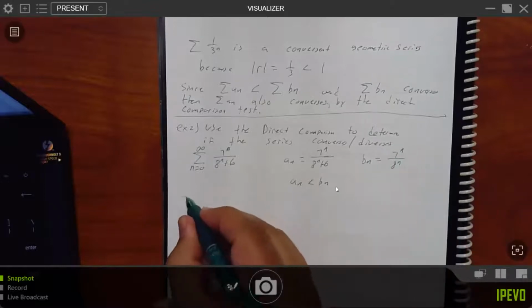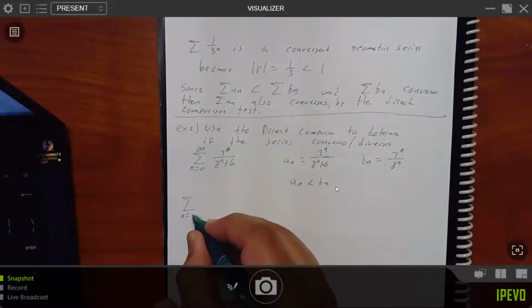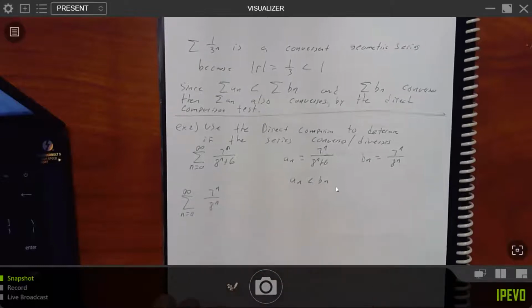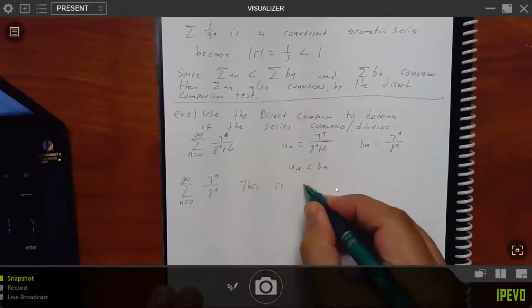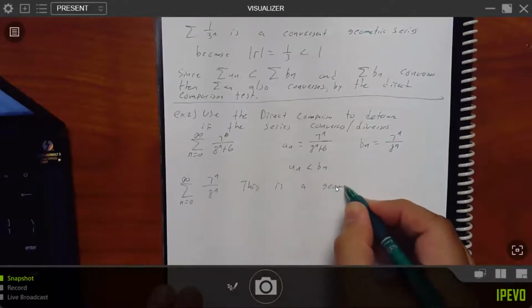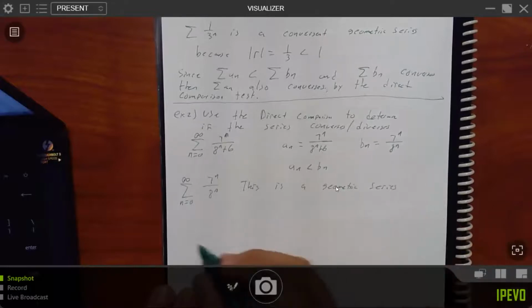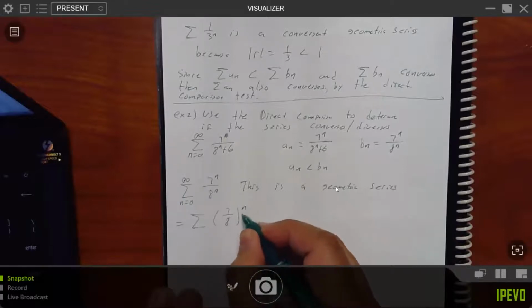So we start by looking at it and determining what kind of series this is. So this is a geometric again, and you can rewrite this as a series of 7/8 to the n.